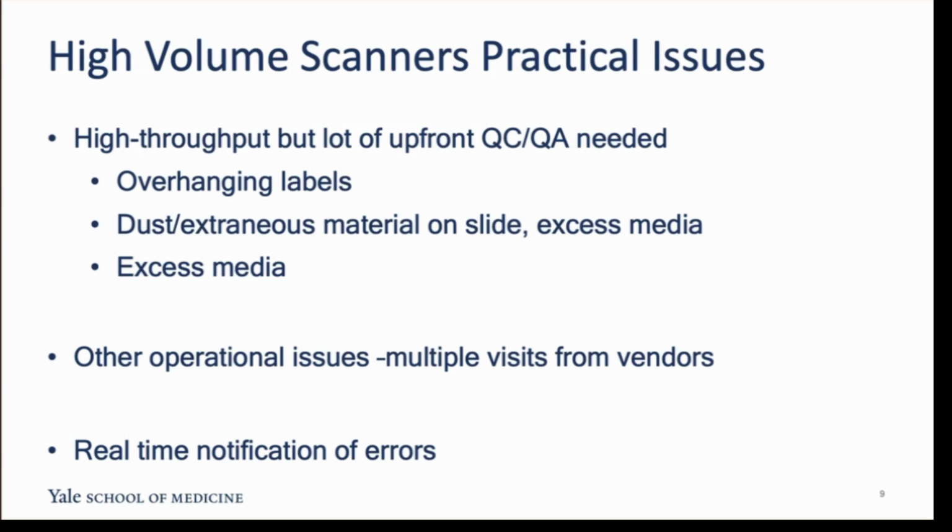A whole range of things we found can trigger these slide handling errors. If you have overhanging labels, if you have dust or extraneous material on the slide, if you have excess mounting media, all of these trigger it. So we found that it requires a lot of upfront QA where you file the slides, get rid of the overhanging labels and dust and so forth before we load it on the machine.